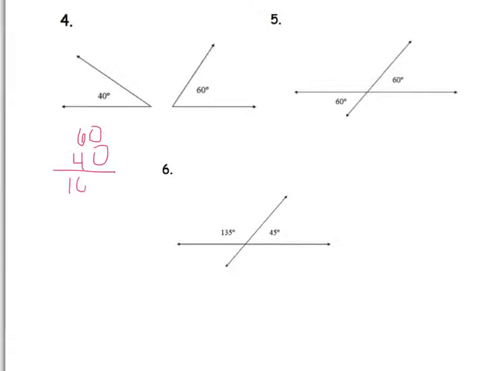So they are not complementary or supplementary. They are not next to each other, and they don't share a common side. So these would be none. They're none of them.